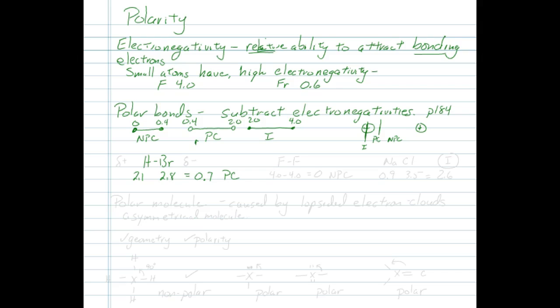The 2.8 means it's more negative than the 2.1, so you can make a Greek letter, lowercase delta, and it's more negative on this side. Then this side would be partially positive. If it was switched around, then it would be the other way around.